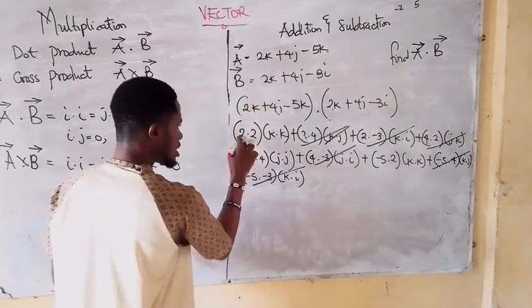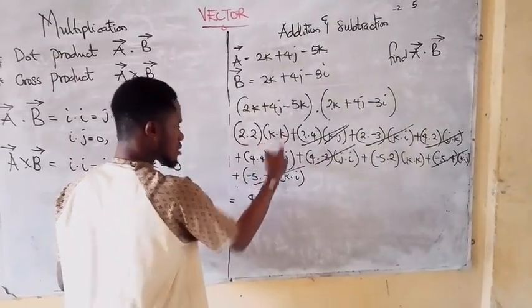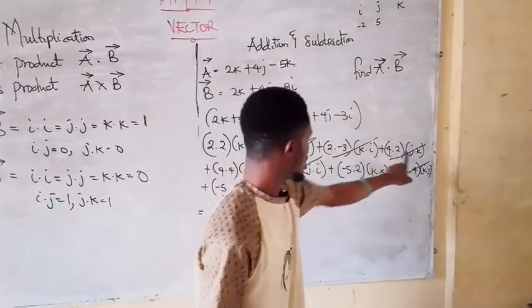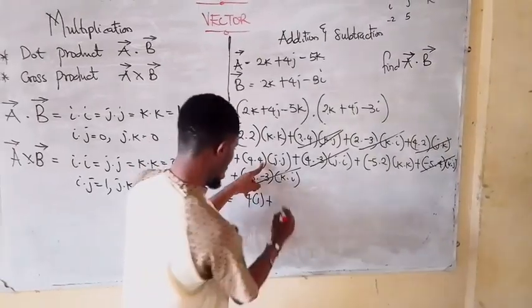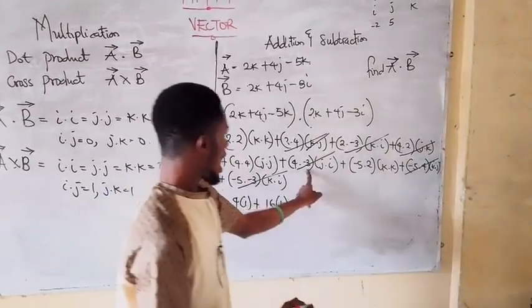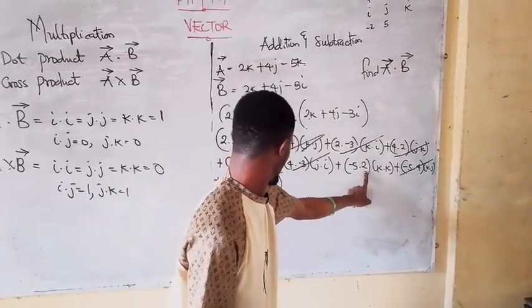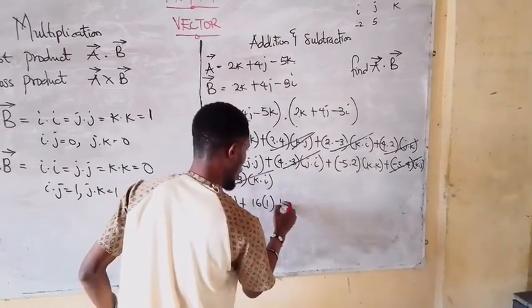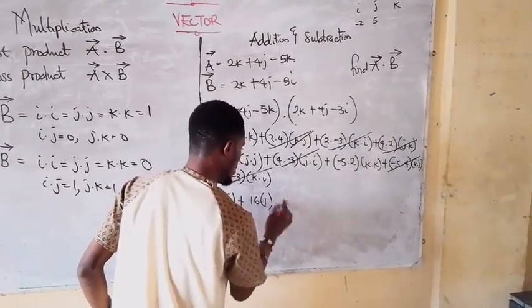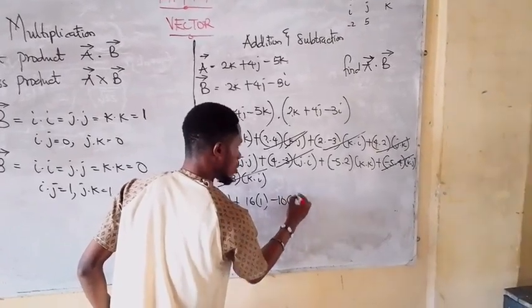So I have here, this time this will give me 4. k times k is what? 1. Plus, this guy has gone, this guy has stayed. So I have 16 bracket 1. This guy has gone, this guy has stayed. So I have plus, this will give me minus 10, so minus 10 bracket 1.